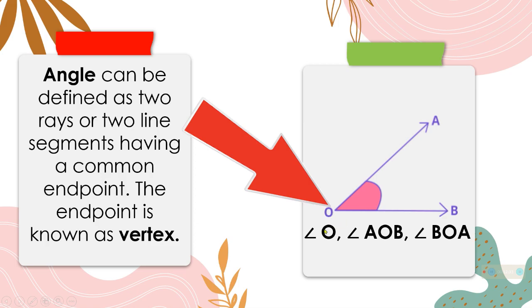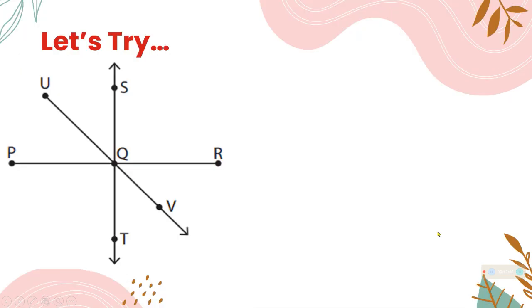We can name this as angle O. We can also have angle AOB or angle BOA, as long as the vertex is in the middle of your named angle.